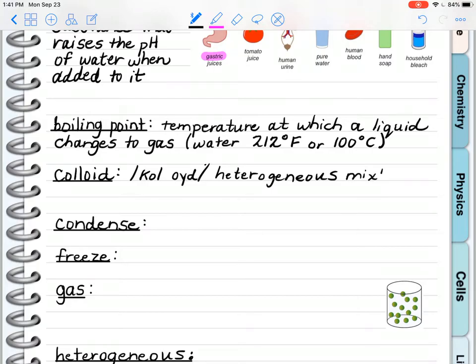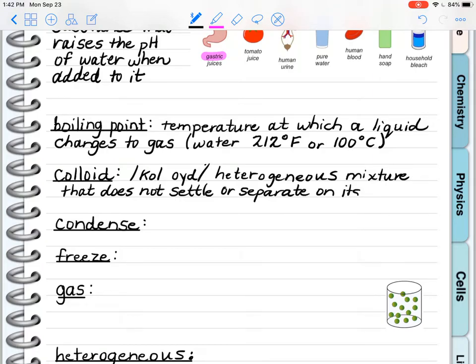It is a heterogeneous mixture that does not settle or separate on its own. Okay, colloid. And I'm going to explain heterogeneous to you in just a minute. That's actually going to be a morpheme, but we'll add it in 1 second.